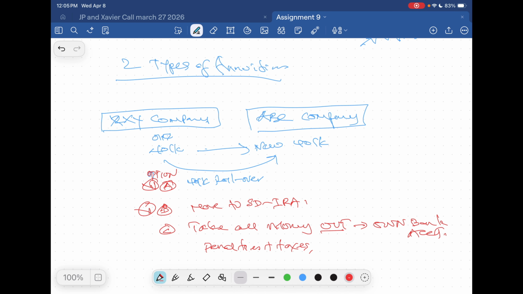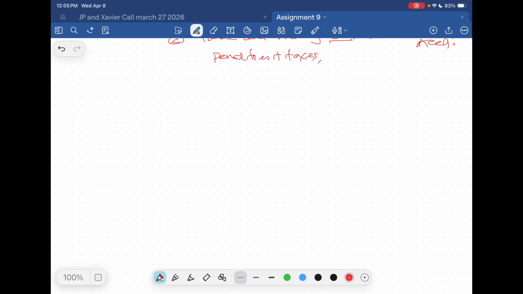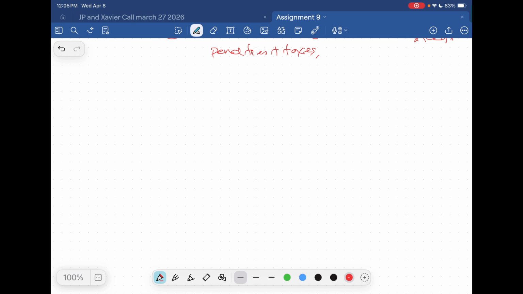So there's one more option that a lot of people are not aware of: rolling it over to an annuity.